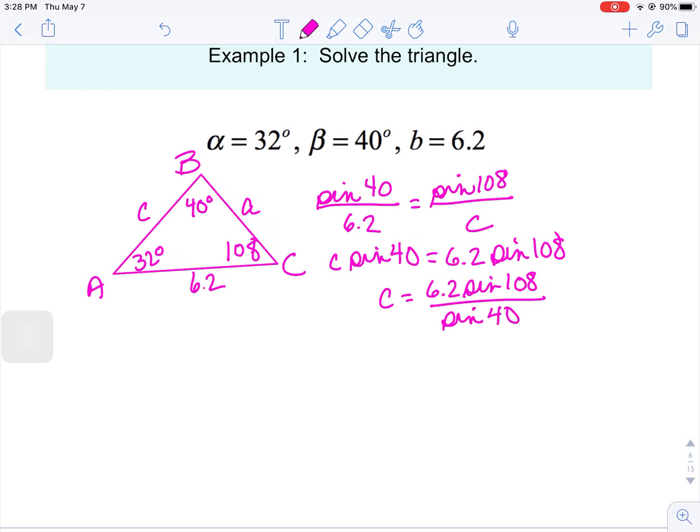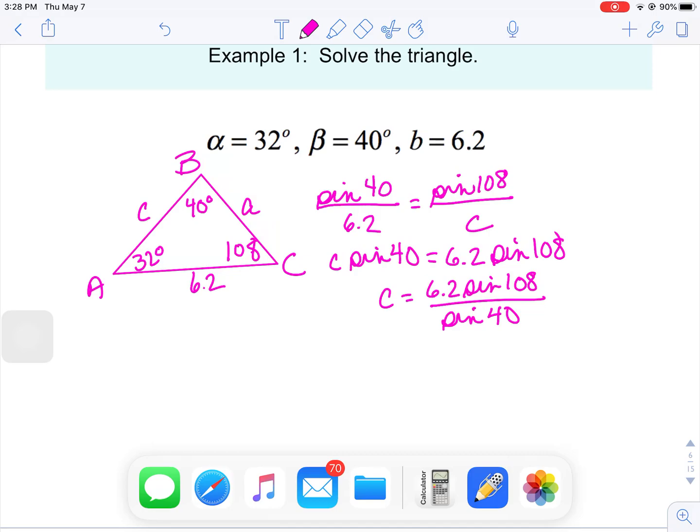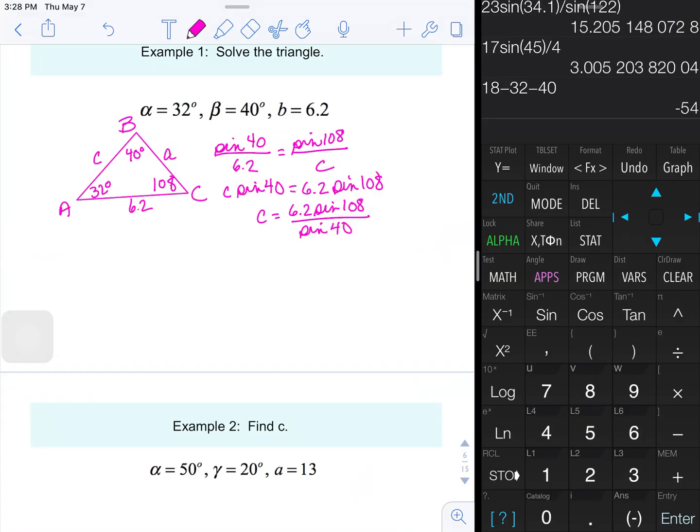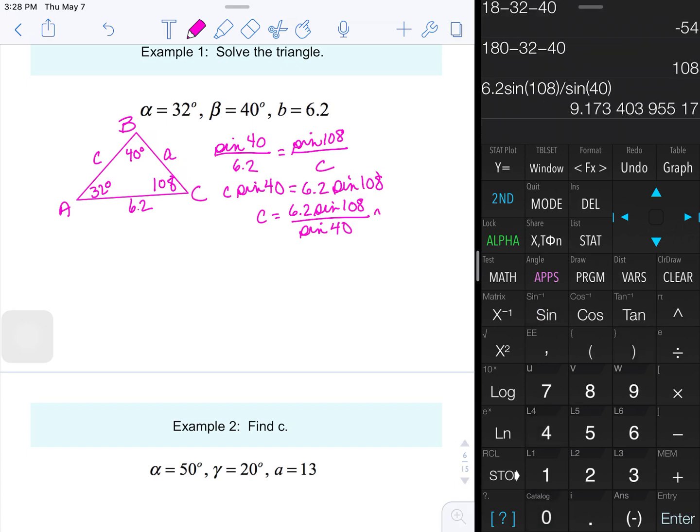Now, plugging all that into my calculator, I have 6.2 sine of 108 divided by sine of 40. So now I know that's approximately 9.2. And now I have side C.